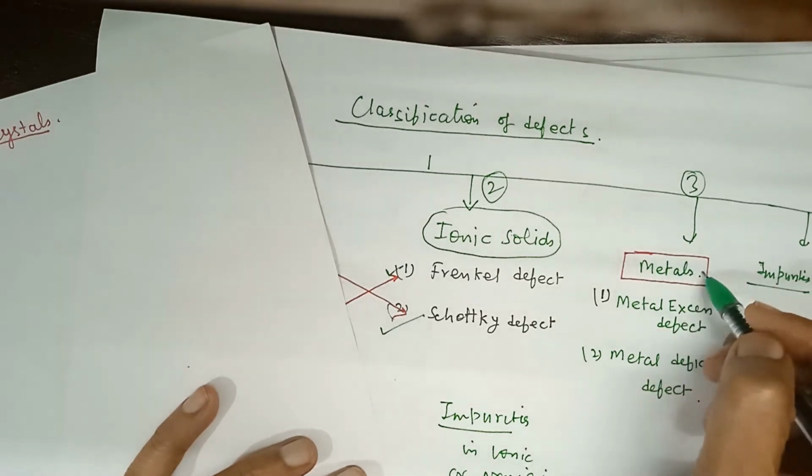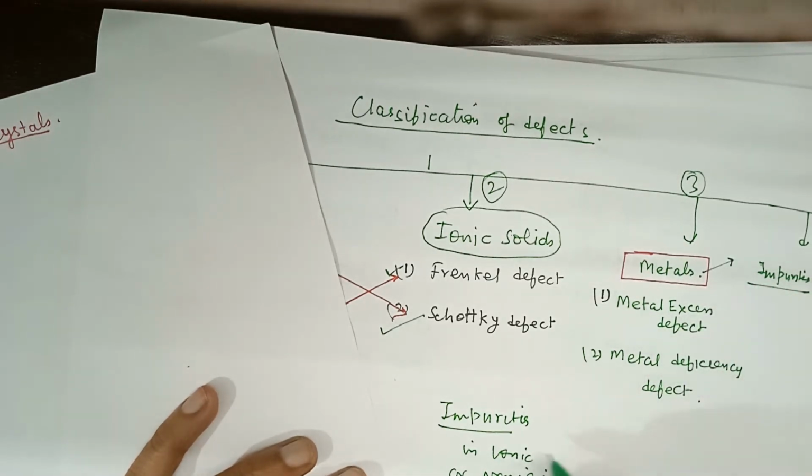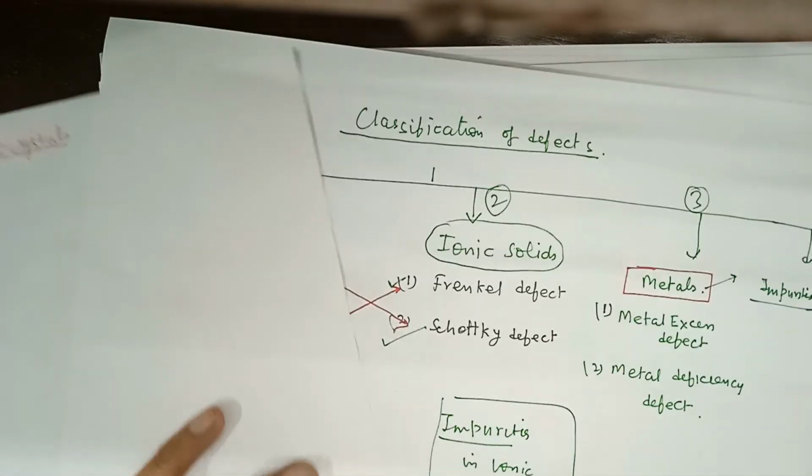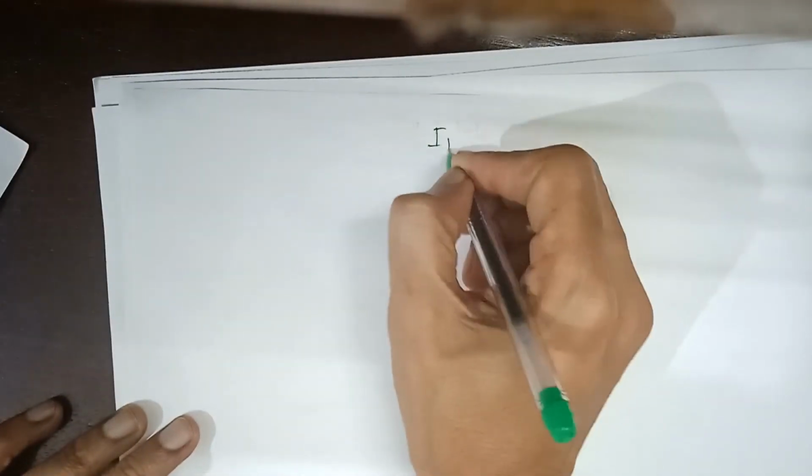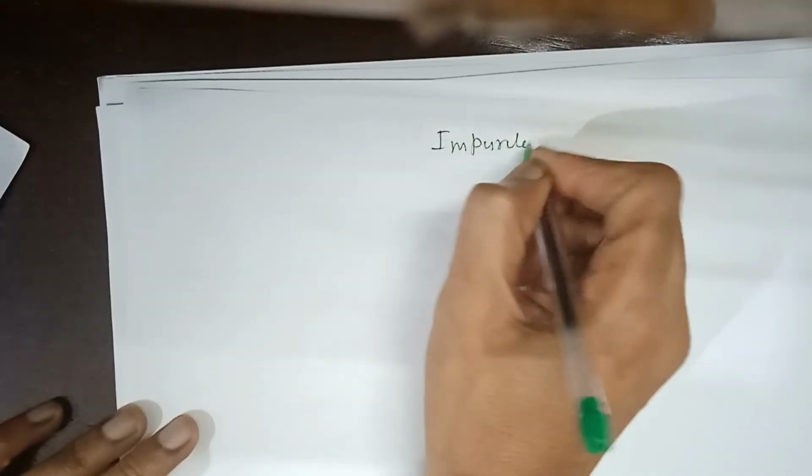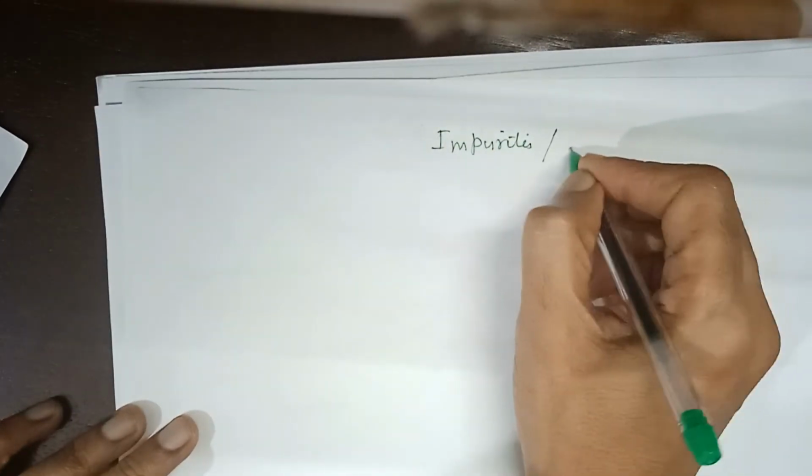These metal defects we shall read after these impurities. Now impurities are for both ionic and non-ionic solids.